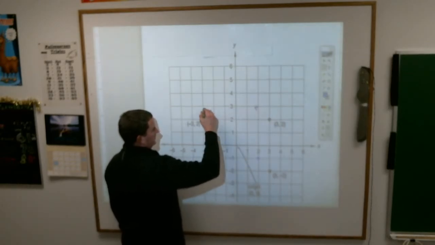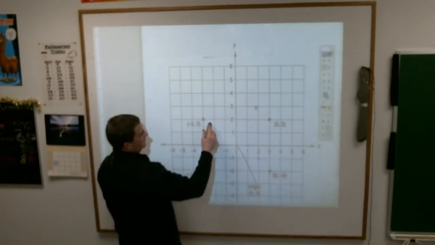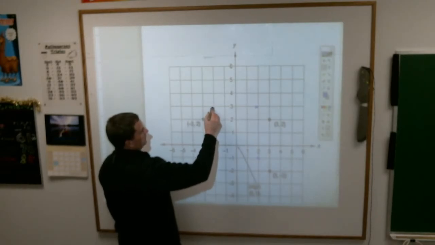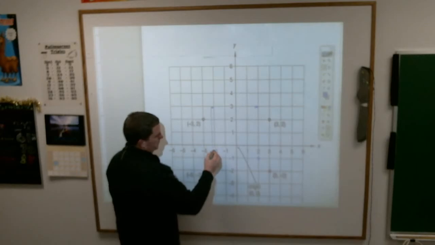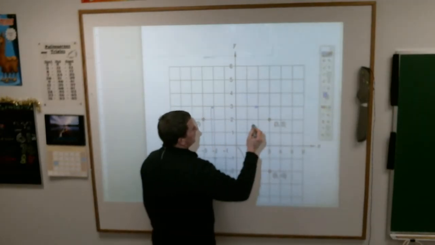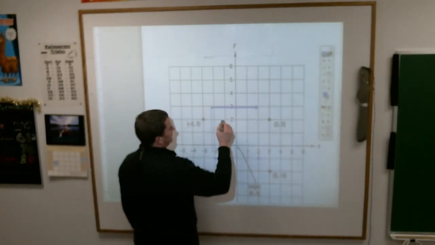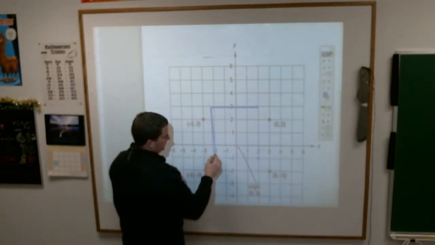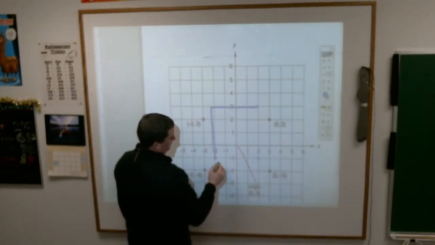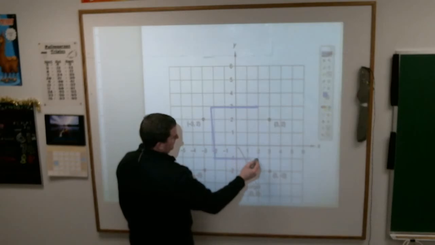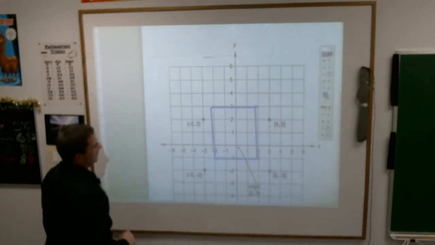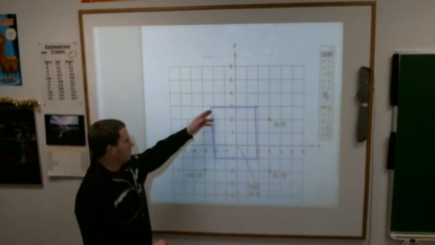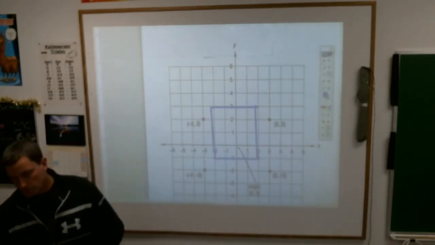And then the other one has to be this one here, which is -2, 3. I got a square. You sure you got a square? Yeah, it's a square because it's 4 units this way and 4 units that way.